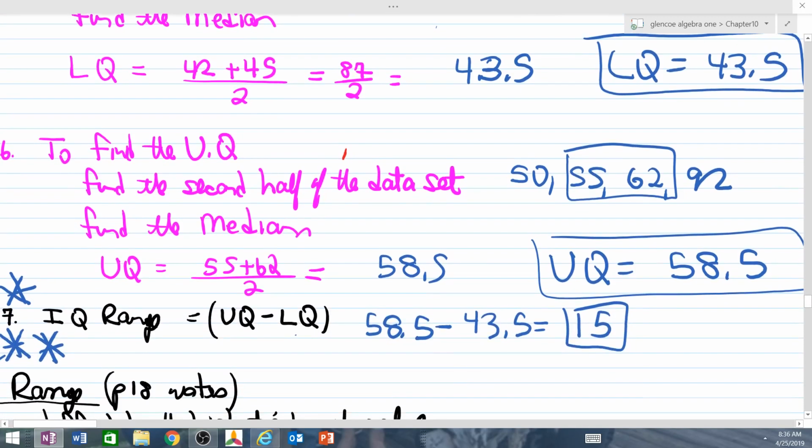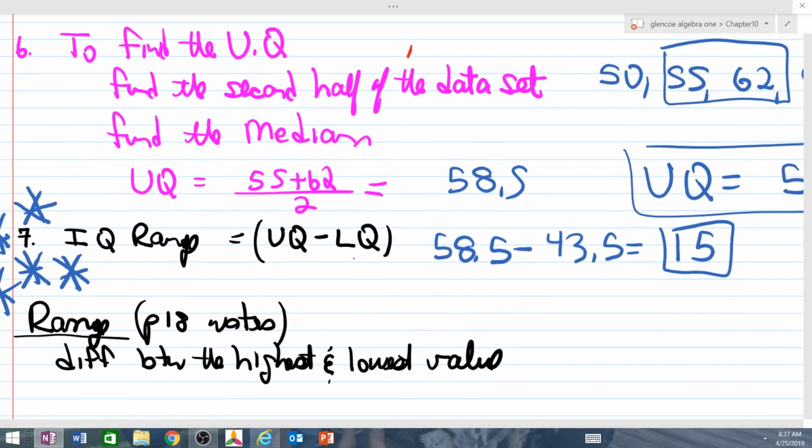By definition, the upper quartile is the median of the second half of the data set. Again, we have 2 middle numbers, so we add 55 and 62 together, divide by 2, and get 58.5. So we have now found the upper quartile as well as the lower quartile.